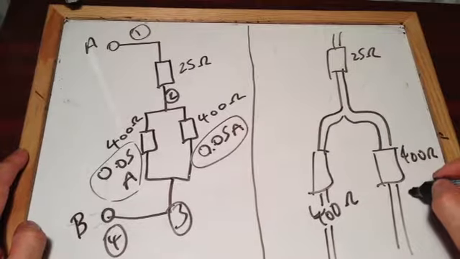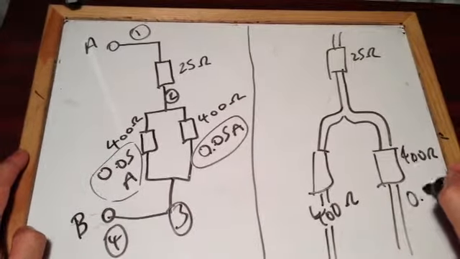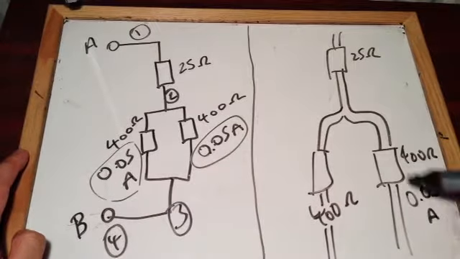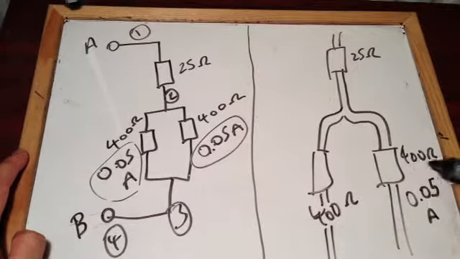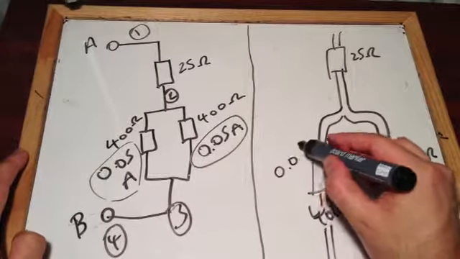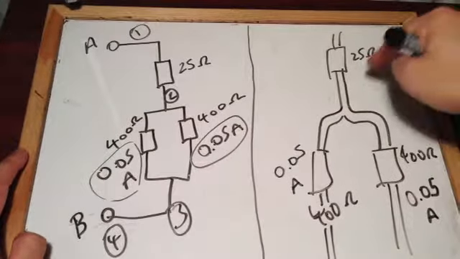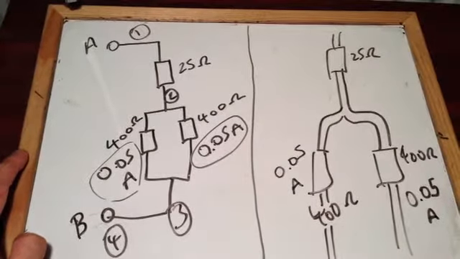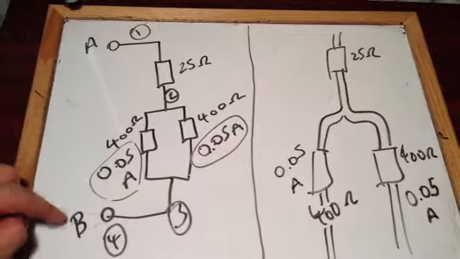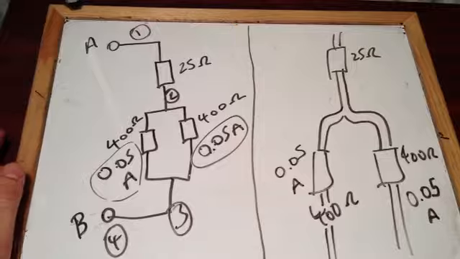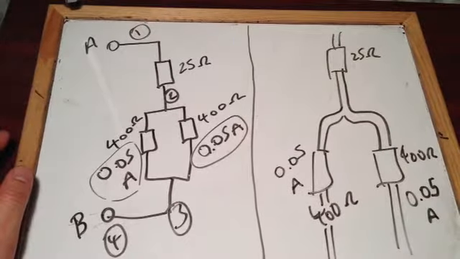We've already worked out that the current going through this particular pathway is 0.05 amps. Because this is the same 400 ohm resistor, this is 0.05 amps as well. They must have come from somewhere. The diagram doesn't tell you which side is positive or negative, but say the current's moving in this direction.